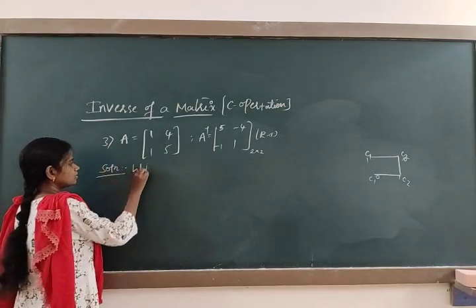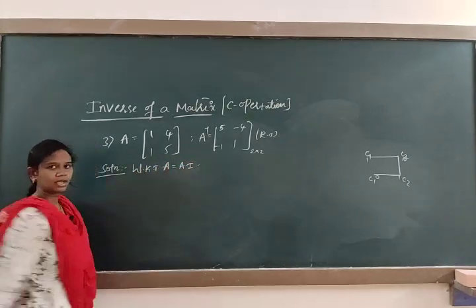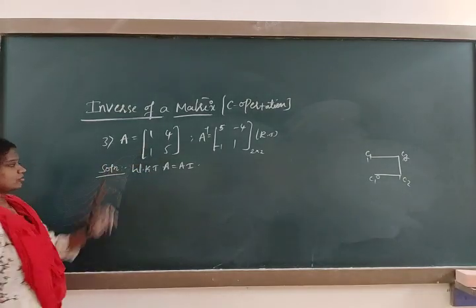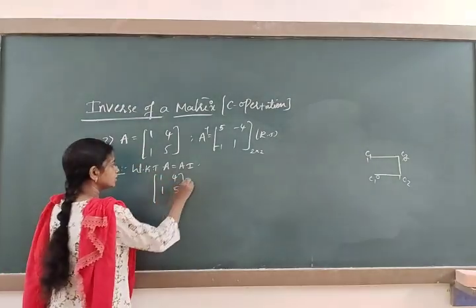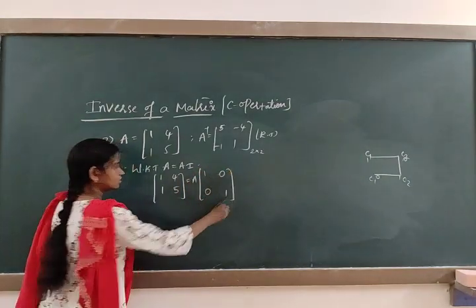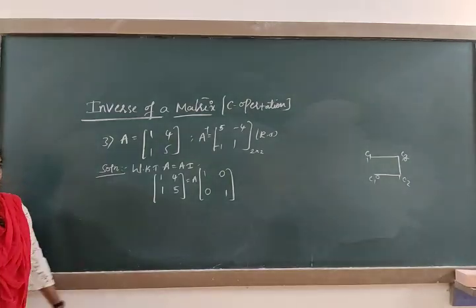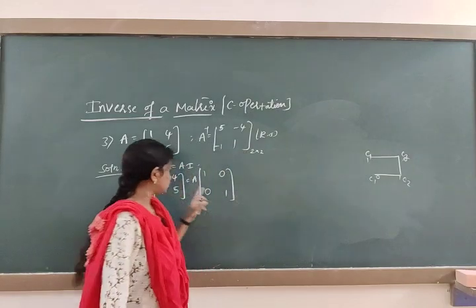We know that A is equal to AI. So A value is 1 4 1 5 is equal to A of 1 0 0 1. Now look at the figure. The C1 value should be 1.